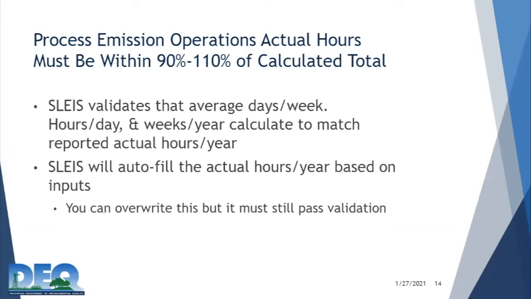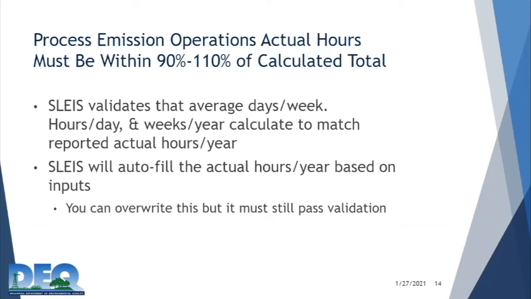All right, so this first one occurs on the process emissions page. And this issue is that the operation's actual hours must be within 90 to 110% of the calculated total. So Slice is validating that the average days per week, hours per day, and weeks per year calculate to match the reported actual hours per year.